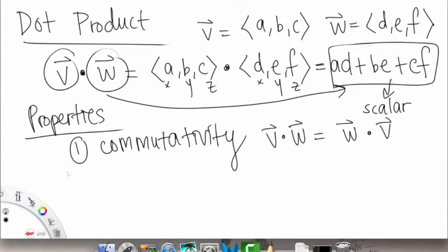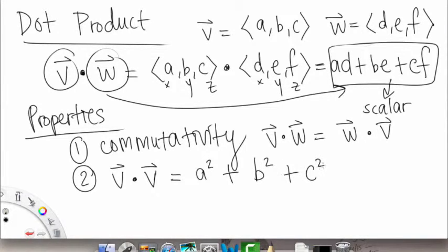The second is the following: if you dot a vector with itself, so v dot v, it comes out as a times a for the first component plus b times b plus c times c. If you multiply all the corresponding components and add them together, this turns out to be the square of the magnitude of v.